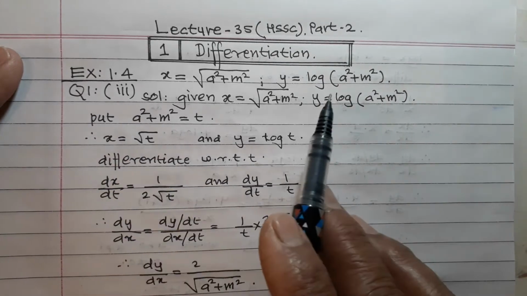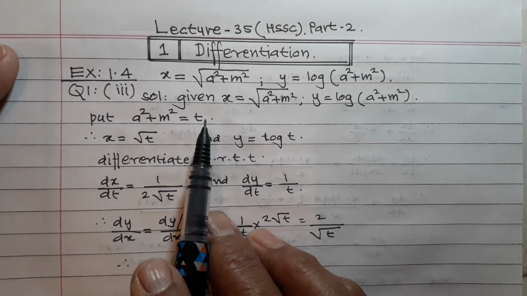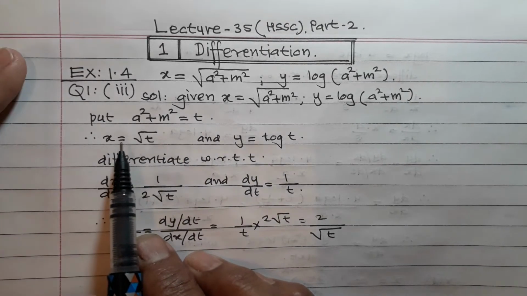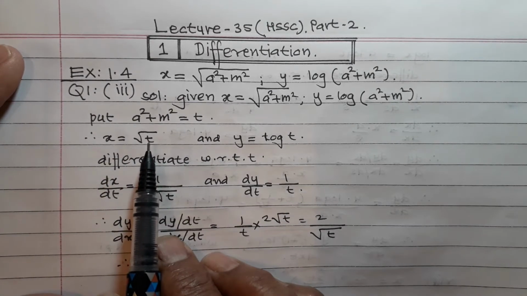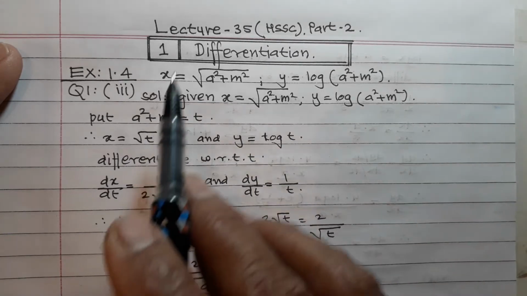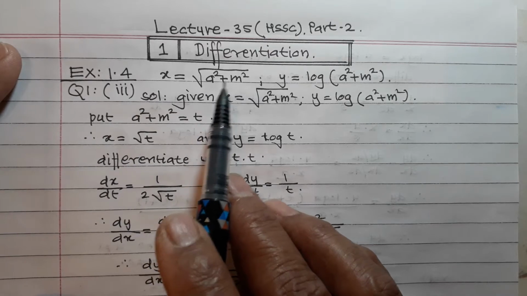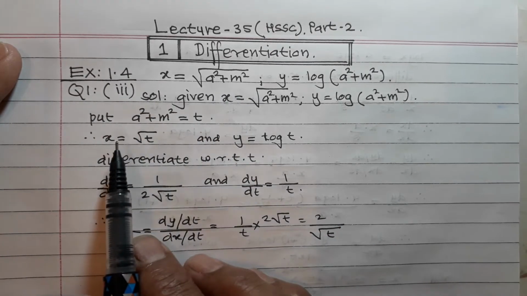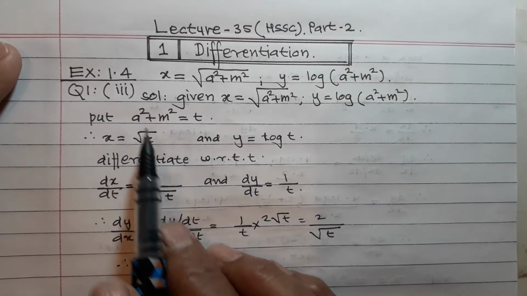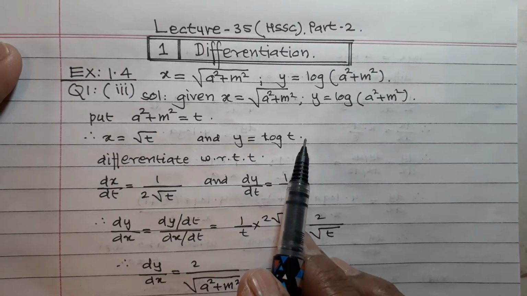In this case, substitute a² + m² = t, and therefore x = √t and y = log t.